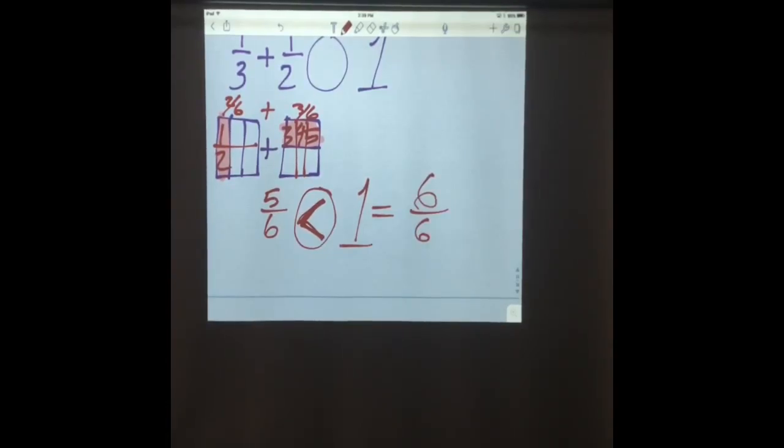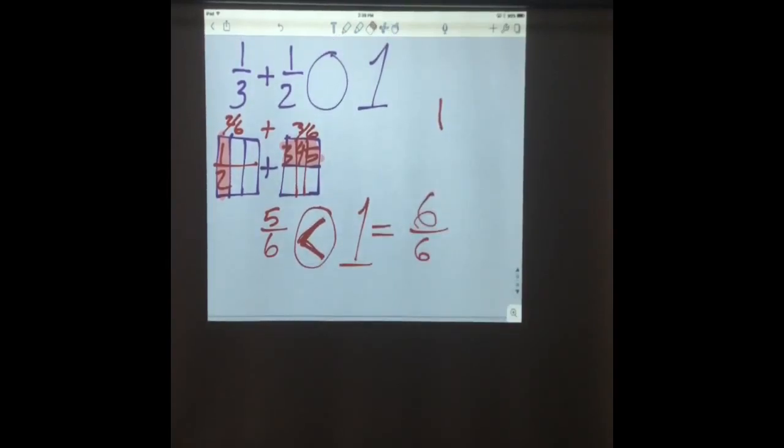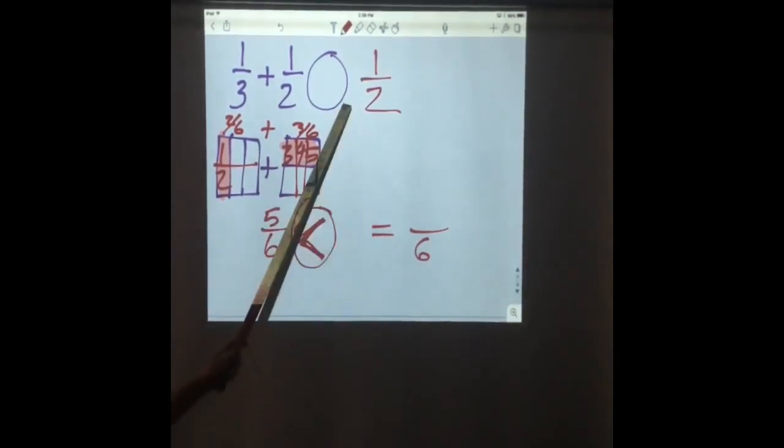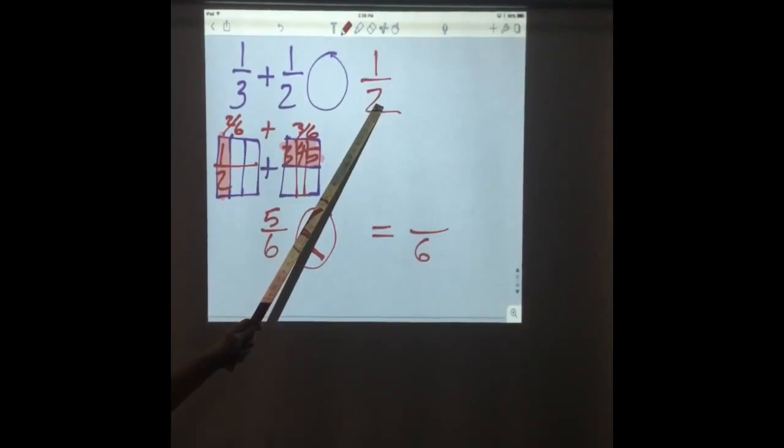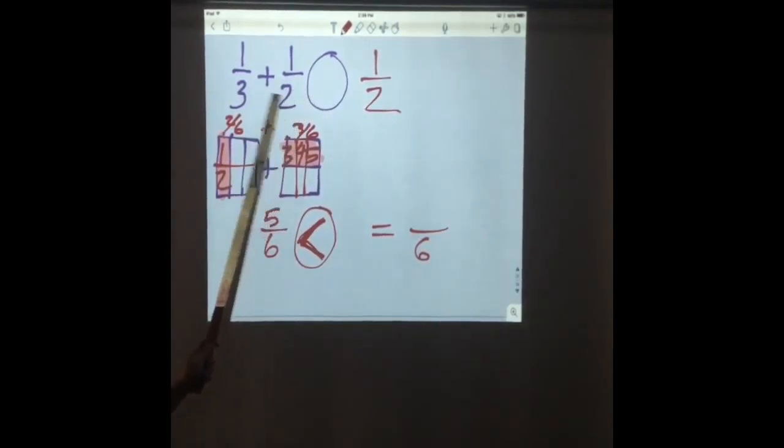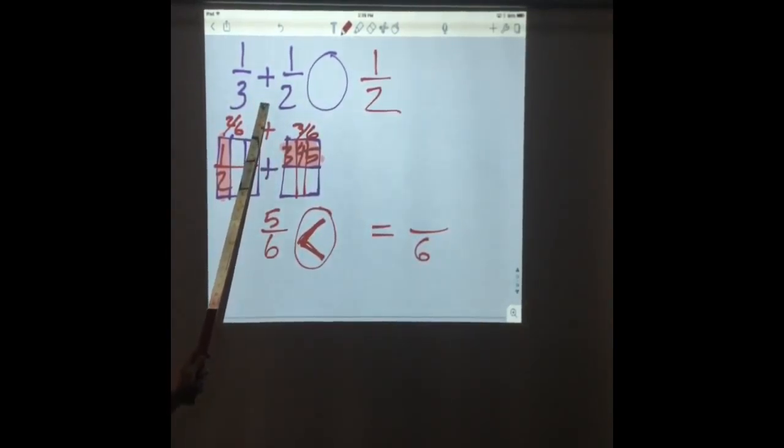Let's do the same problem again, okay? But let's do it a little differently. Let's change this to, how about a half? Would this be easy? A third plus a half is what to a half? Is it greater than, less than, or equal to?